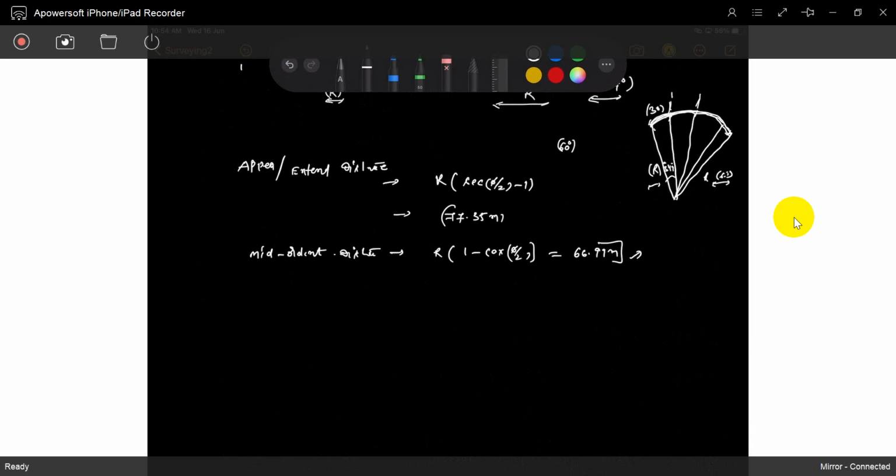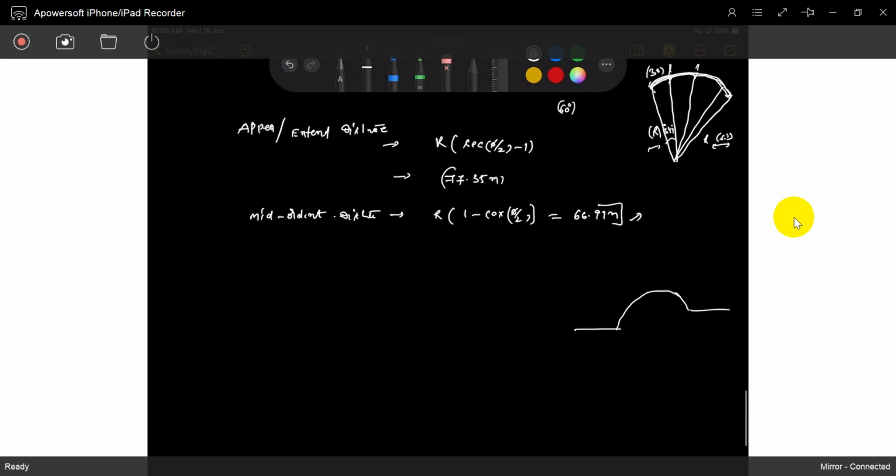Parabolic curves are used in vertical curves. Vertical curves doesn't mean only high altitudes; you can see valley curves also.